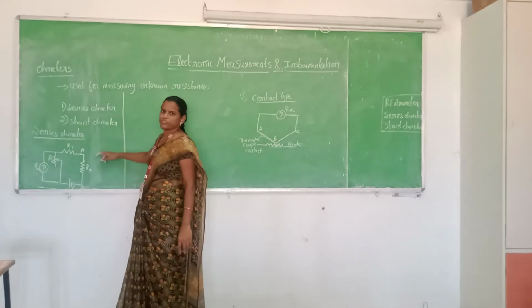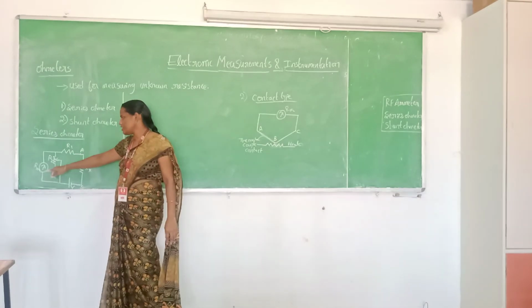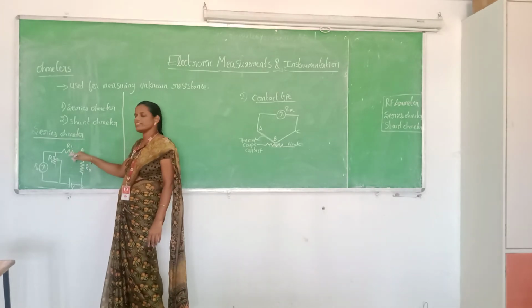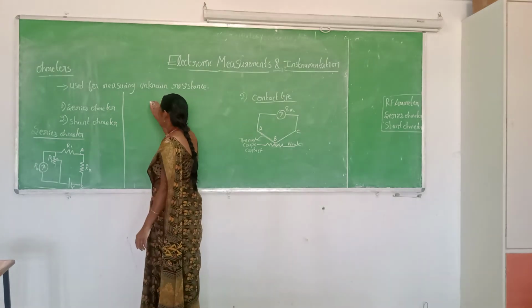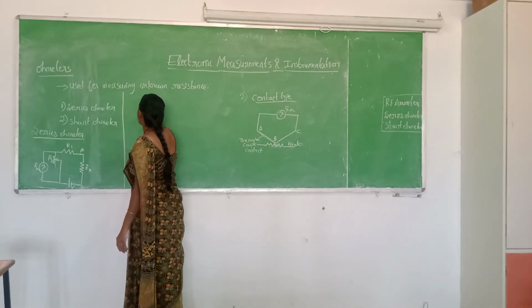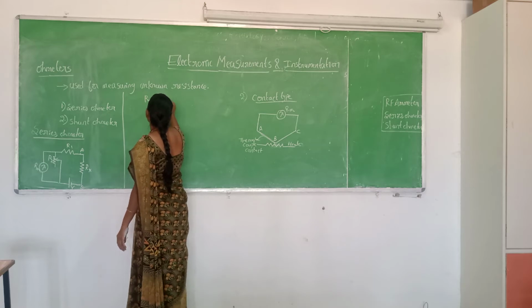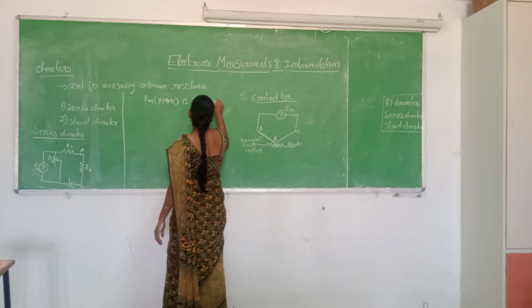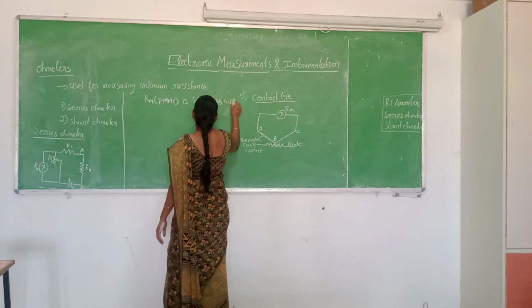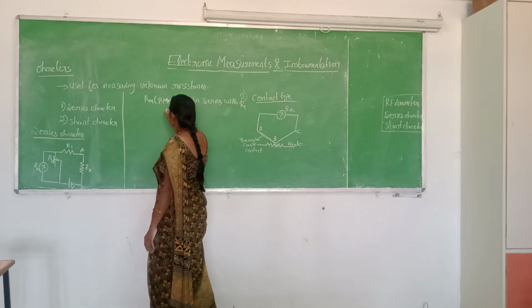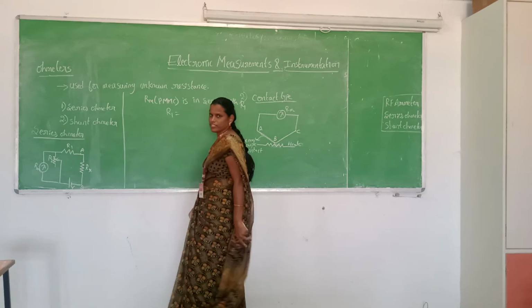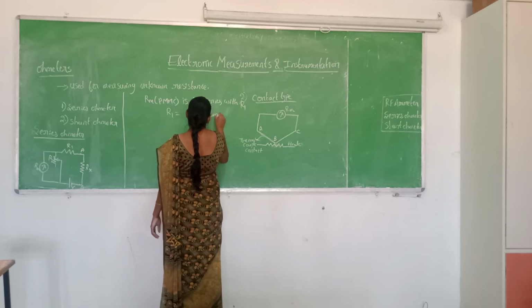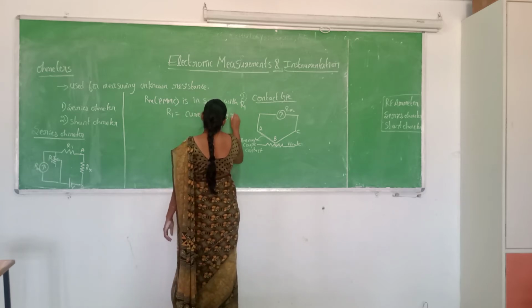So this is the basic diagram of the series ohmmeter, which consists of a PMMC instrument which is placed in series with R1, where R1 is the current limiting resistor or the multiplier resistor.